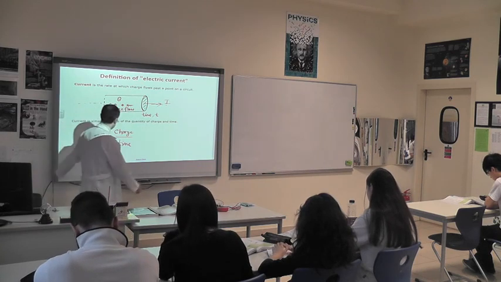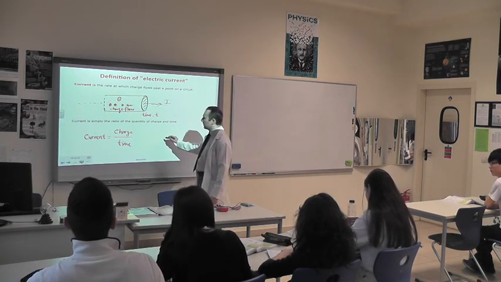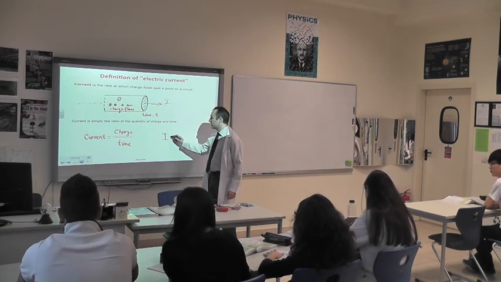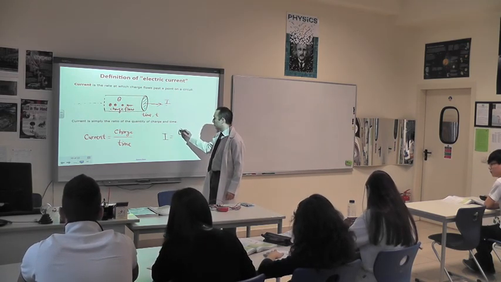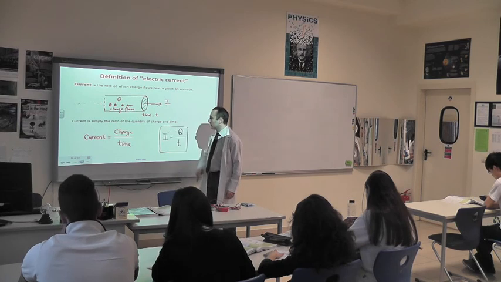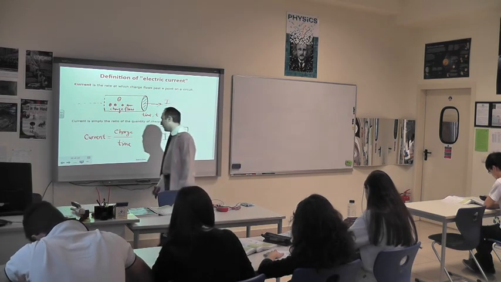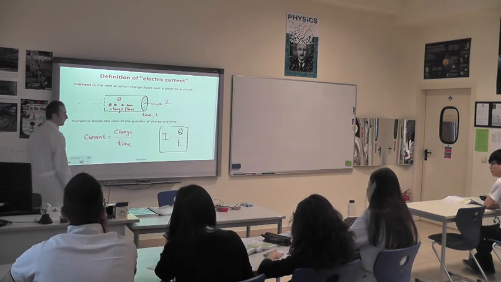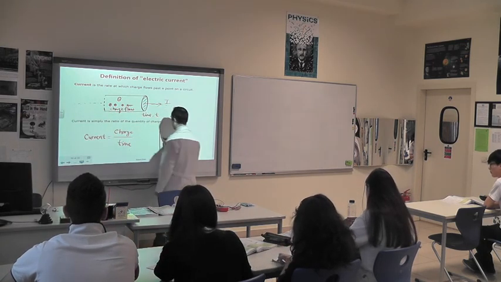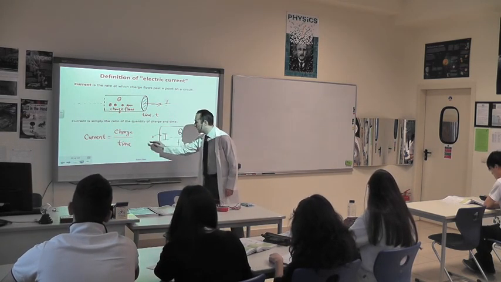I can write this in terms of symbols as I representing current, Q for the charge, and t for the time. And what are the units here? Amps. Amperes for the current. Yes.